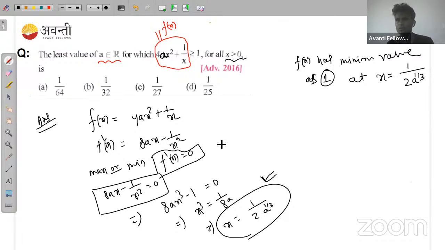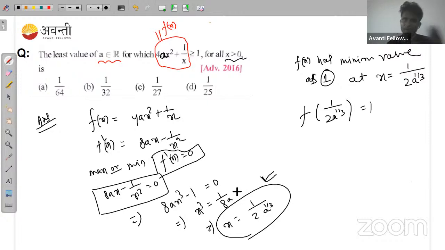Yes or no? So what we can conclude here? Minimum value means what? So that means f of 1 by 2 a to the power 1 by 3 is equal to 1. Yes or no? Tell me. आज minimum value 1 at x is equal to this.